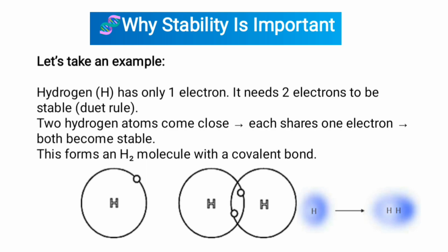This forms the H2 molecule with a covalent bond. This is a structural diagram. Each hydrogen atom has only one electron. Then they come close and combine, sharing electrons to become stable and form the H2 molecule.